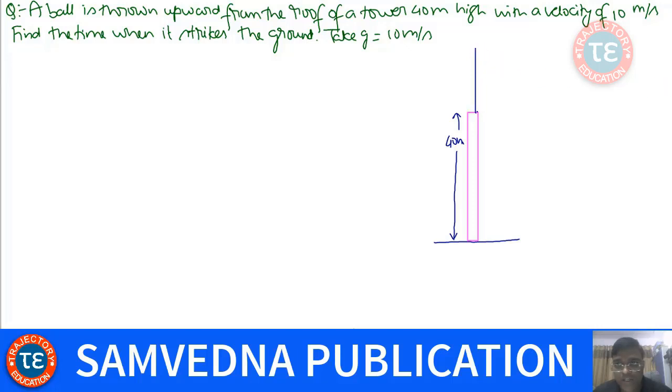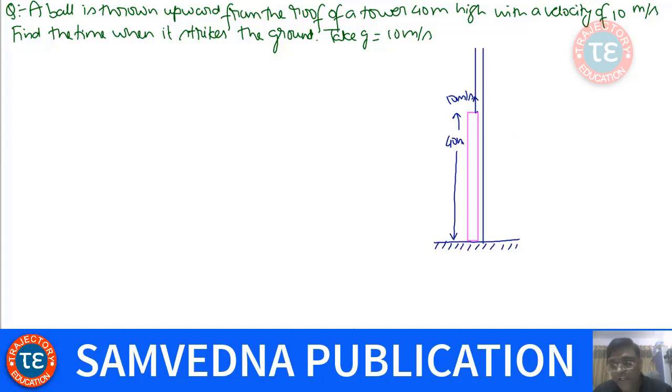The ball is thrown with a velocity of 10 meter per second, and since on this ball there is a gravitational force, weight, acting in downward direction, the velocity of this ball will keep on falling, and a time will come when the velocity will become 0, and thereafter the ball will start moving in downward direction, and eventually it is going to strike the ground.